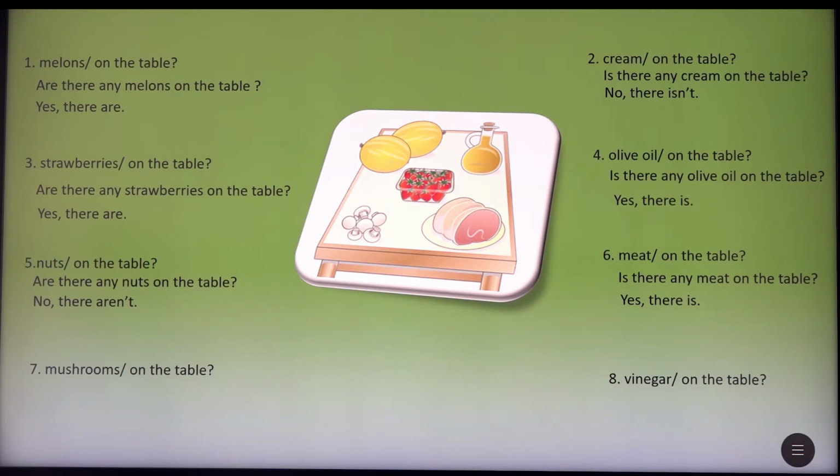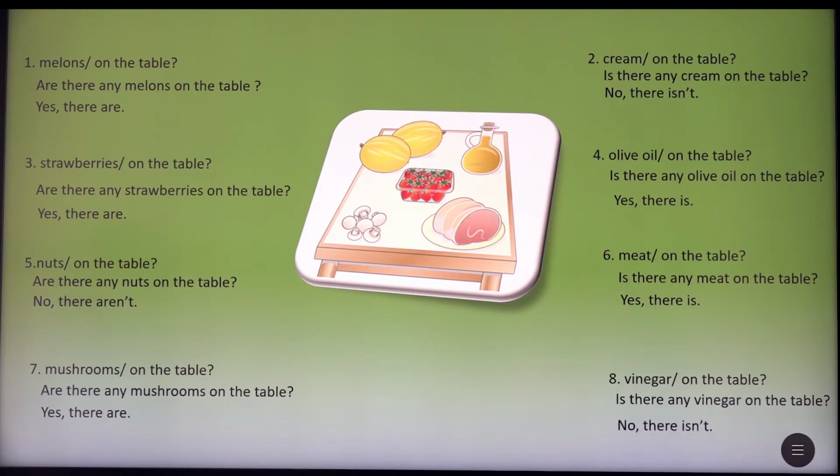The question is, are there any mushrooms on the table? The answer is yes, there are. And the last one, vinegar. The question is, is there any vinegar on the table? And the answer is no, there isn't. So now you can identify which one is countable and which one is uncountable from this exercise and from everything we said previously.